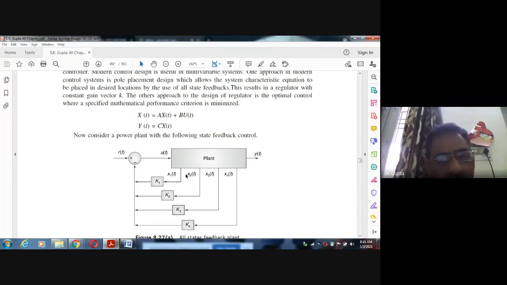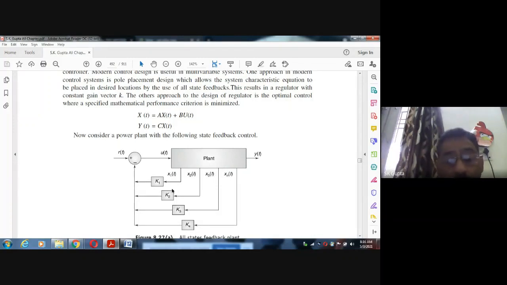In our case, x1 was the frequency, x2 was the change in power, x3 was the opening of the valve, how much fuel was entering, then x4, x5, x6 the same in the other area, then x7 was the tie line power, then x8 and x9. So there were various system states in the power system.